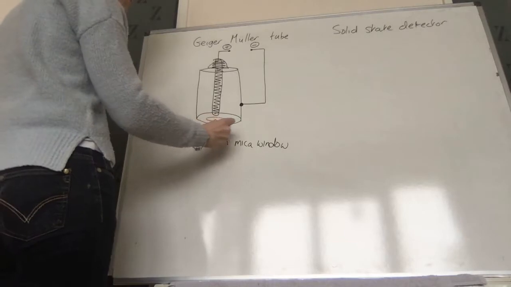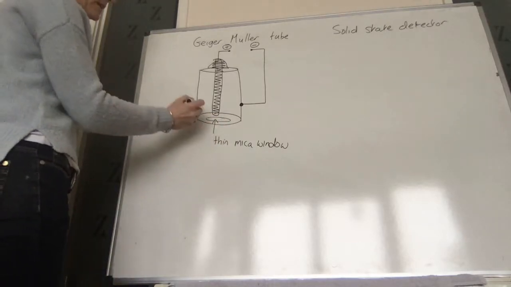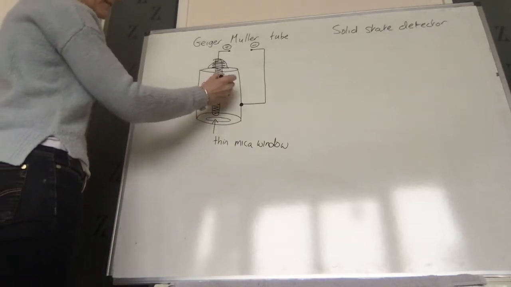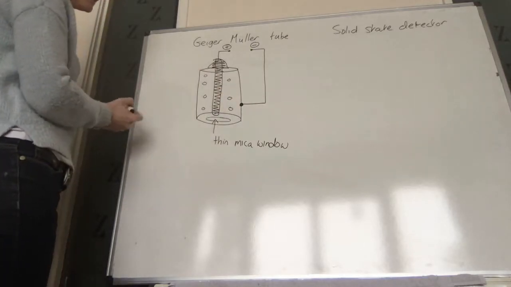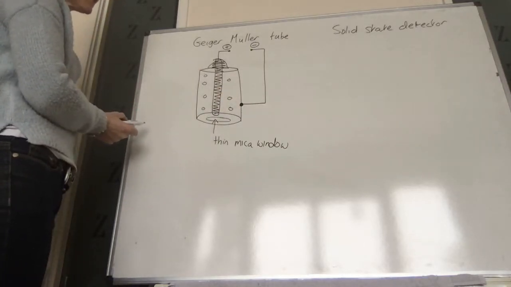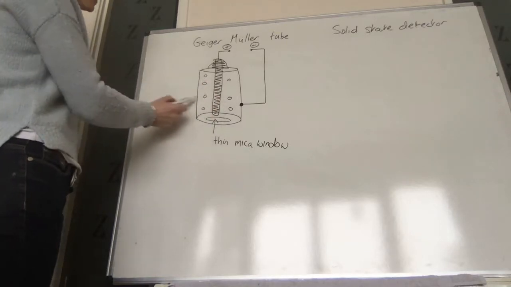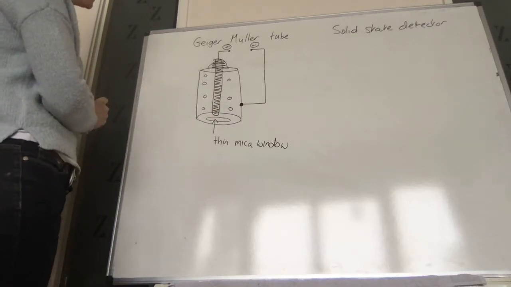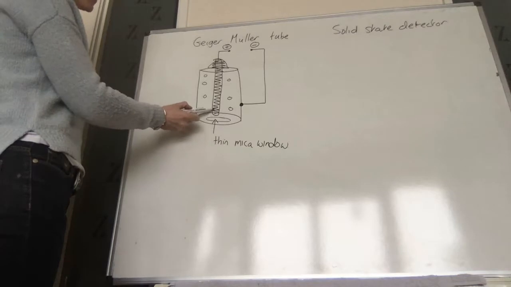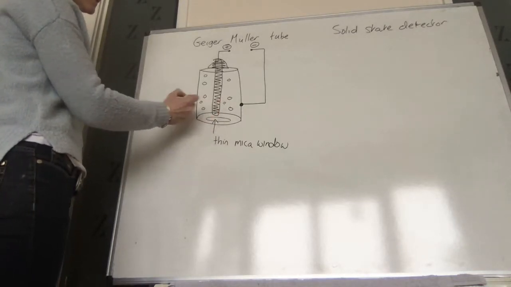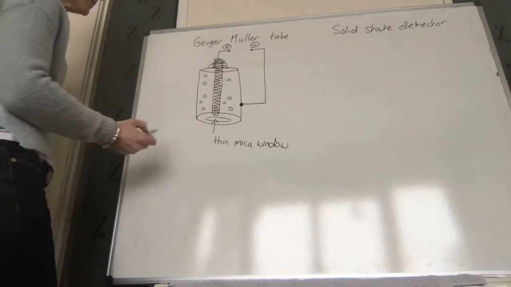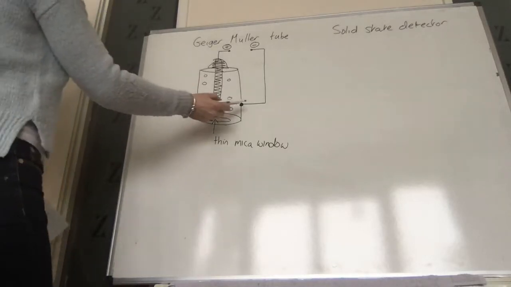The radiation passes through the thin mica window, and in here we also have argon atoms that are at a low pressure. So there's neutral argon atoms in here. When the radiation passes up here, it ionizes an atom or two. So it knocks an electron out.